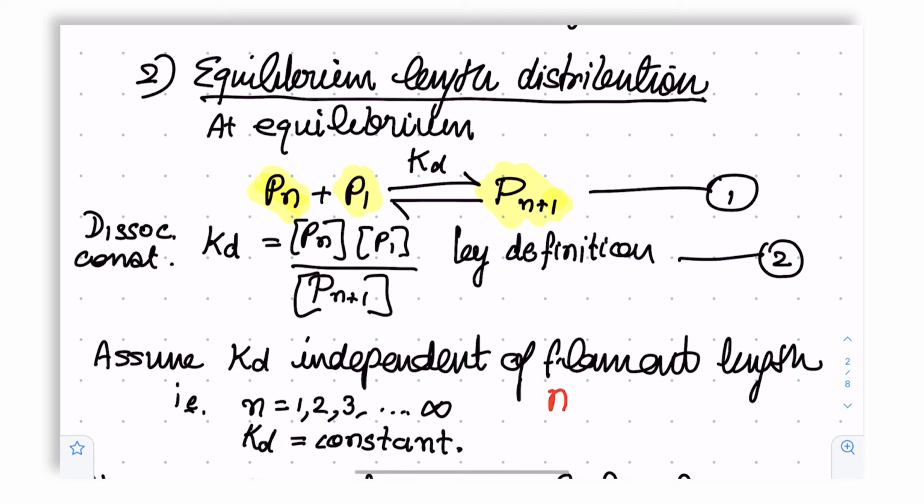Yeah, that's by definition. If we assume that Kd does not change no matter whether you have just 2 or 5 or 10 monomers in the filament, it should not matter. This is 1, 2, 3, 4, 5, 6, 7, 8.